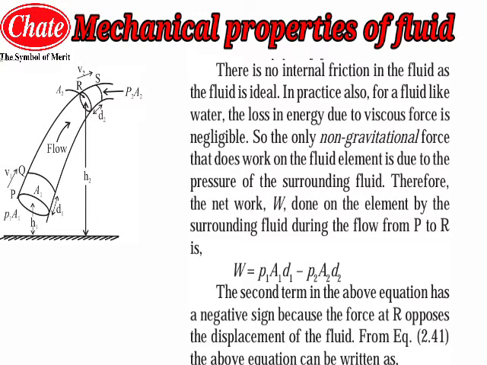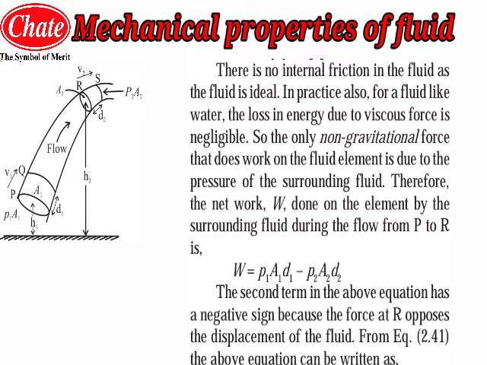Now the second term in the above equation has a negative sign because the force at R opposes the displacement of the fluid. So it is necessary to understand why the negative sign has been given there. It is because of the force at R. You can see the force at R opposes the displacement of the fluid.